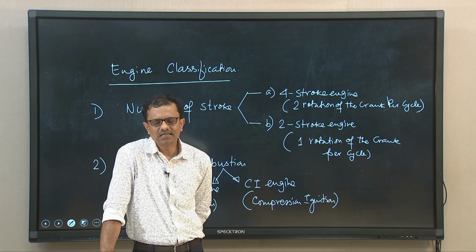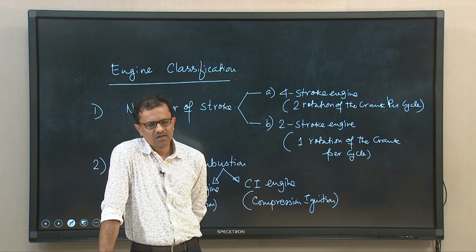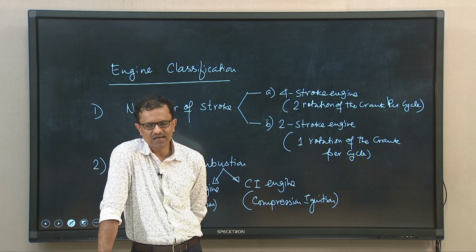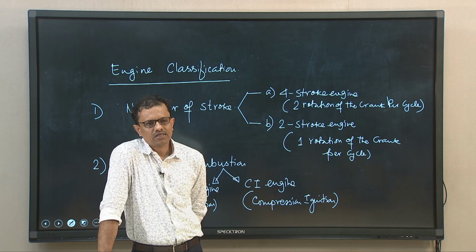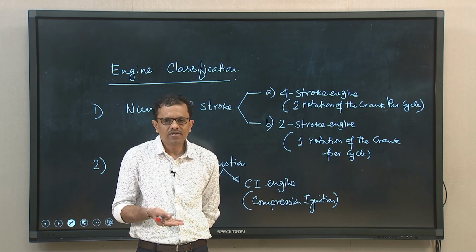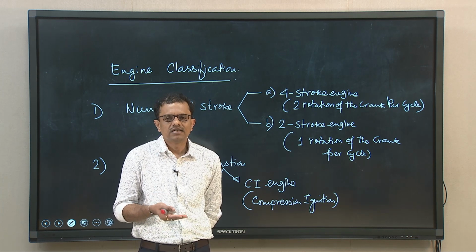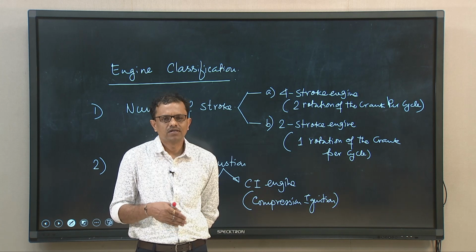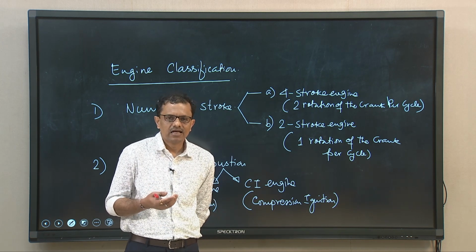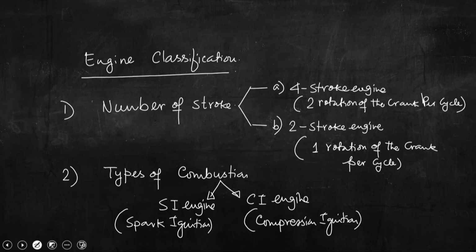In a spark ignition engine, you know that the fuel or air-fuel mixture, which is also known as charge, cannot combust automatically and there is a necessity of an external agent, the spark plug, which helps to ignite the charge and thereafter the entire combustion takes place.